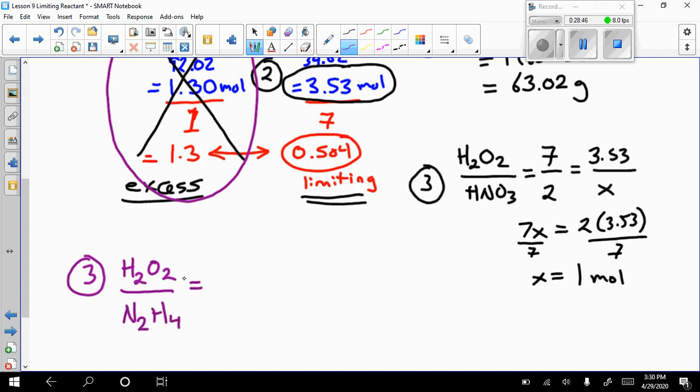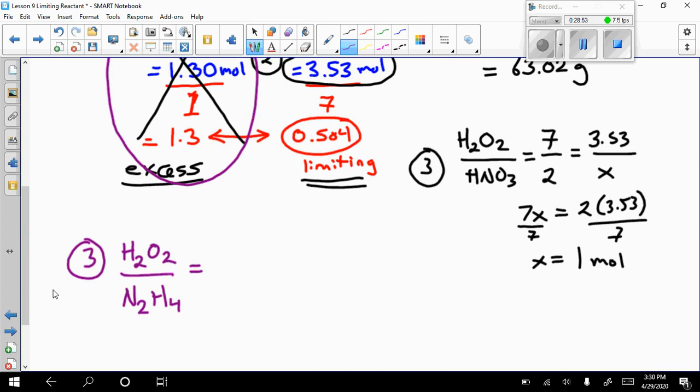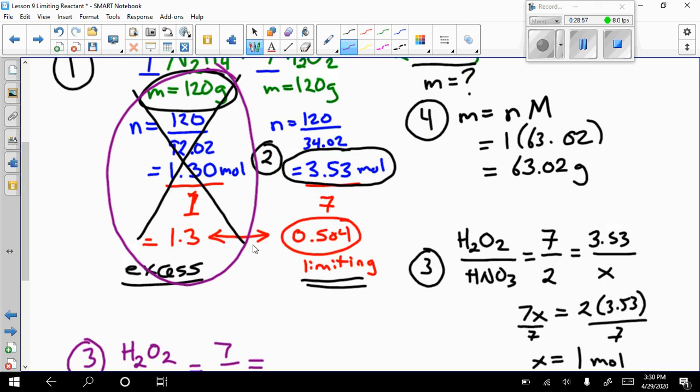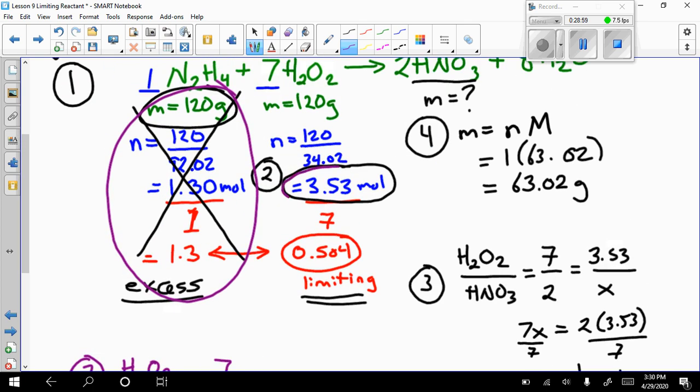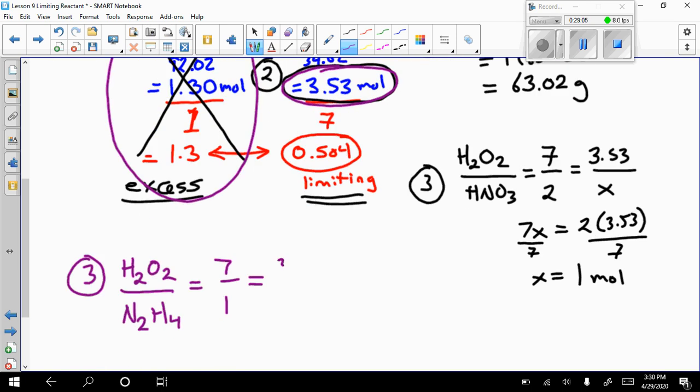So the mole ratio, look at 3. The 3 I've put there tells me I'm redoing step 3. So it's a 7-to-1 ratio. And the amount I have of the hydrogen peroxide is 3.53. So 3.53 to X. Cross multiply, here we go.